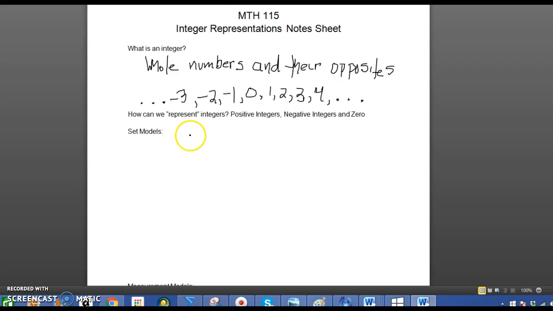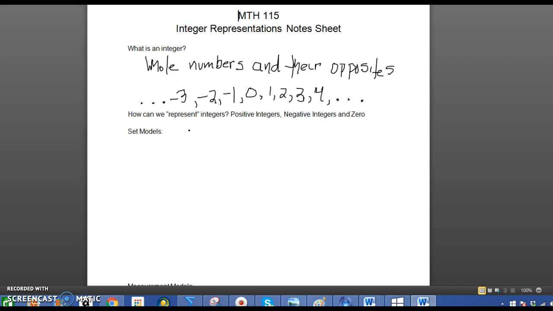But now with integers, we need to have one object being equal to positive 1 and one object being equal to negative 1. And you're going to see a lot of different ways they represent them. At first, when I was looking for videos and diagrams and such, I tried to keep them all standard, and then I realized once you start teaching, every textbook you pick up is going to be a little bit different.